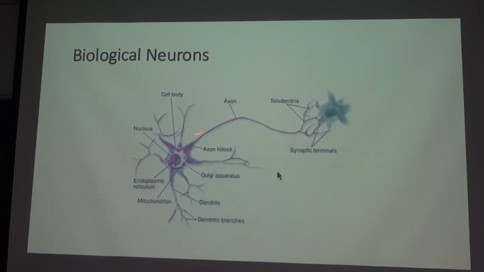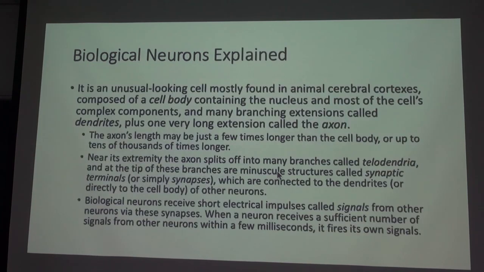The neuron is an unusual looking cell, mostly found in animals' cerebral cortex, composed of a cell body containing the nucleus and most of the cell's complex components, with many branching extensions called dendrites, plus one very long extension called the axon.